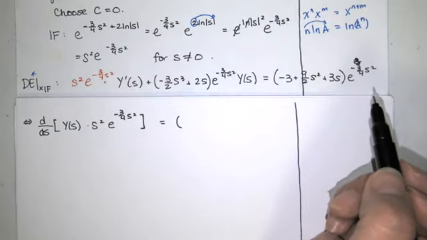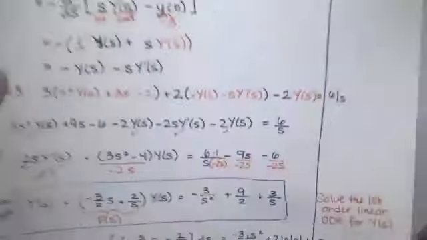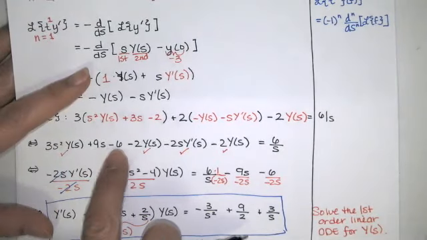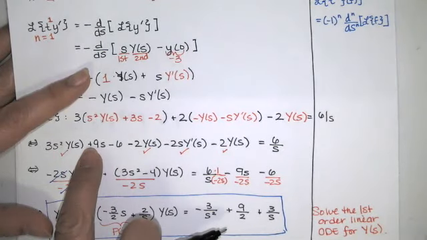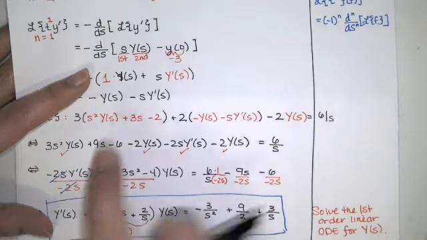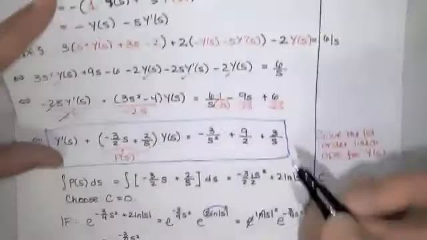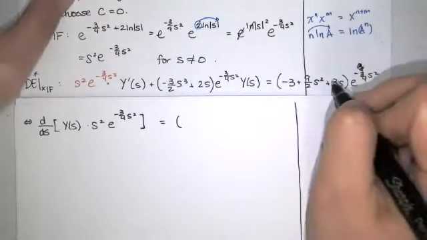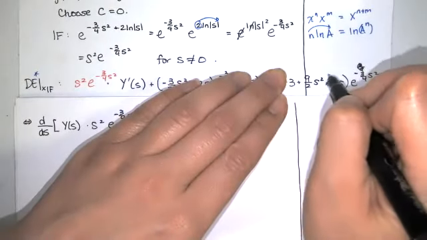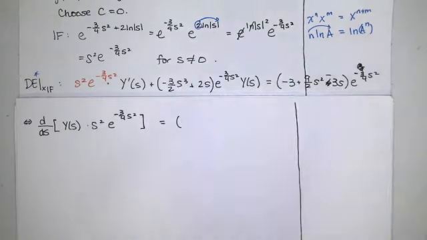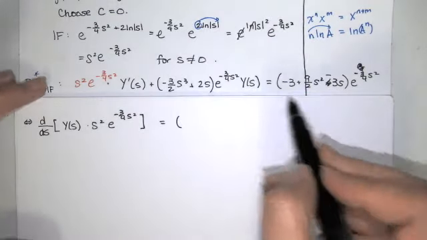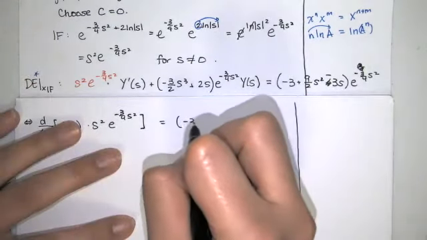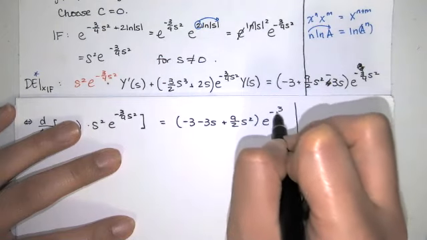I think there's a sign error somewhere. I just caught it. So there's a 9s plus minus 6. So I'll subtract 9s from both sides and then add 6 to both sides. That would make that a minus, which would make that a minus. Okay, that's what I wanted. All right, so the right-hand side is this, negative 3 minus 3s plus 9 over 2 times s squared times this exponential.